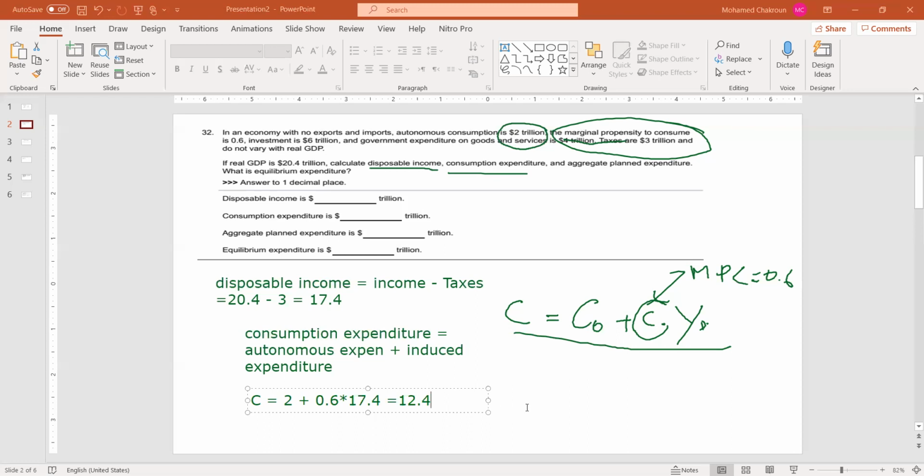I want to check something here. Can you check, please, from your slides, whether consumption expenditure depends on real GDP or on disposable income?